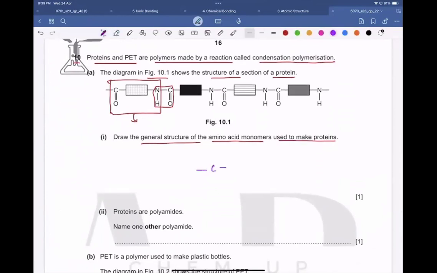And we know carbon forms how many bonds? 4 bonds. So out of these 4 bonds, on one side there is an R group, which can be any carbon chain. On one side there is a hydrogen, on one side there is a carboxylic acid. That's why we write acid in the end, and the other side has an amino group, NH2. That's why it's called amino. So that is amino acid, the general structure. Is this clear to all of you?